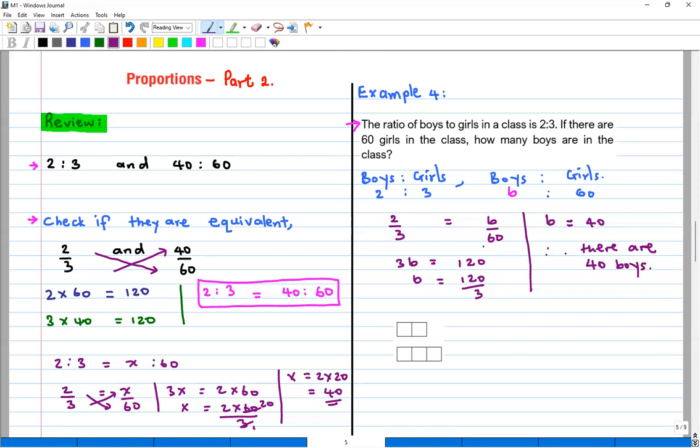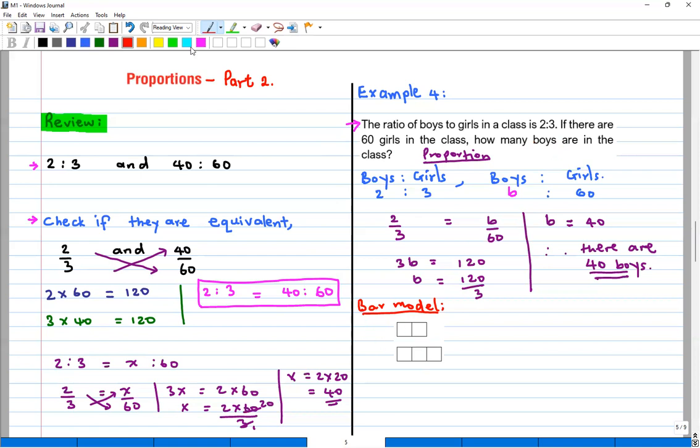Now, let us use another method. This was the proportion method, but let's see what happens when we use the bar model. The ratio is 2 to 3, boys to girls.